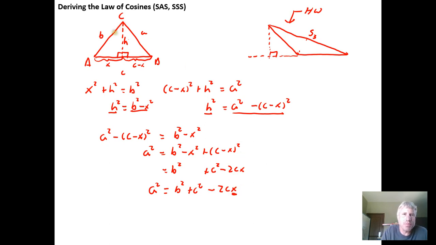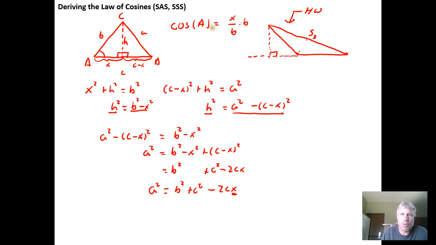But if I come back up to this, I see that x is the side adjacent the angle A on this right triangle. So according to right triangle trigonometry, the cosine of the angle A is going to equal the side adjacent the angle A over the hypotenuse.